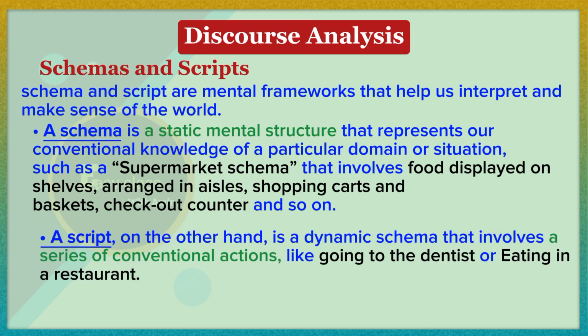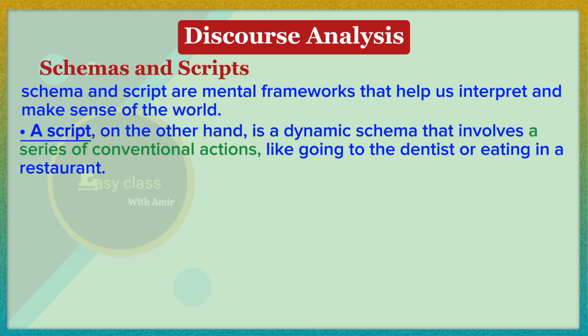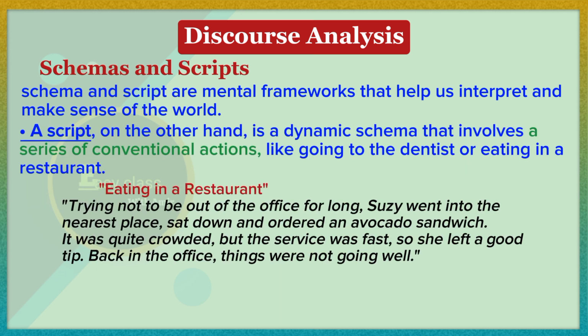A script, on the other hand, is a dynamic schema that involves a series of conventional actions, like going to the dentist or eating in a restaurant. On the basis of our restaurant script, we would be able to say a number of things about the scene and events briefly described in this short text.